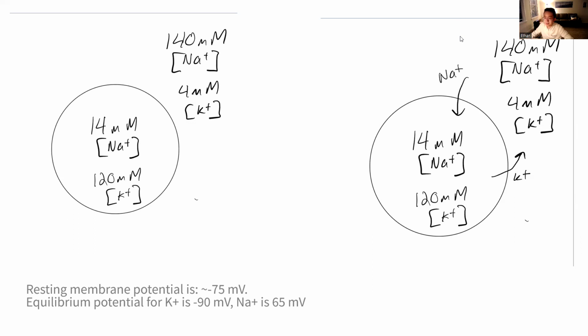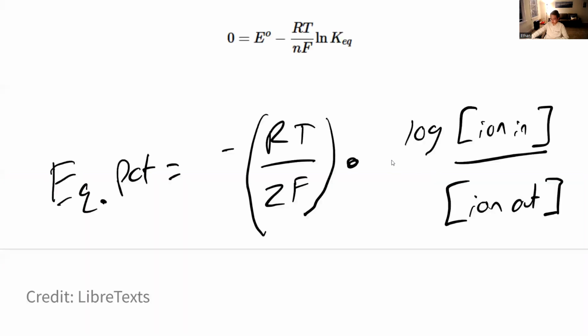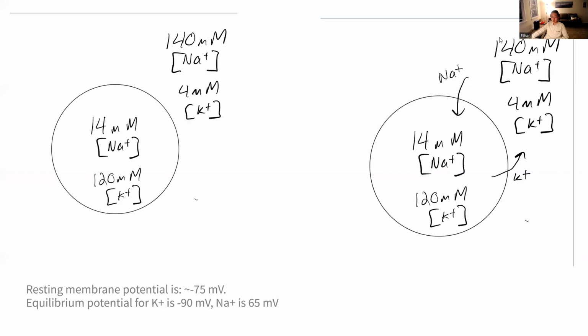Another thing I want to talk about: individual ion equilibrium potentials constrain total membrane potential achieved through diffusion. So remember, how do we find the individual ion equilibrium potential? Well, you use the Nernst equation, right? If we go back to our neuron, we can use these concentrations to find equilibrium potentials for each ion. And I've already given this to you.